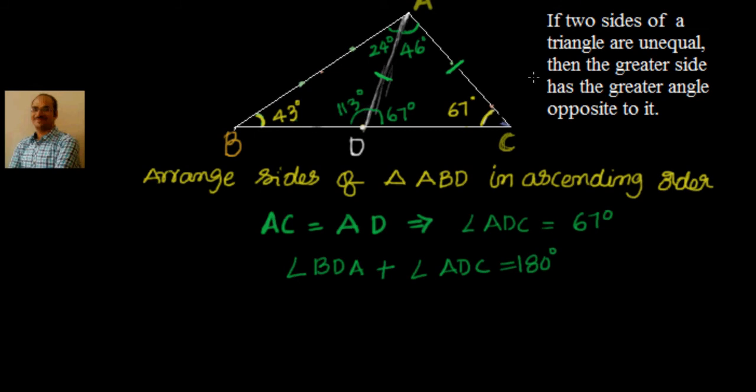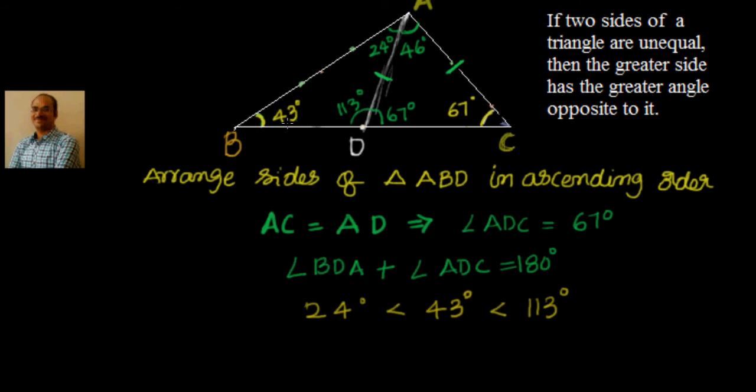If I know the angles, I should be able to put the sides in the ascending order. For that, my first step will be to put down the angles in that order. In the ascending order, I will say 24 degrees is less than 43 degrees is less than 113 degrees.